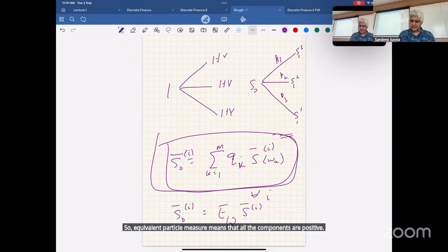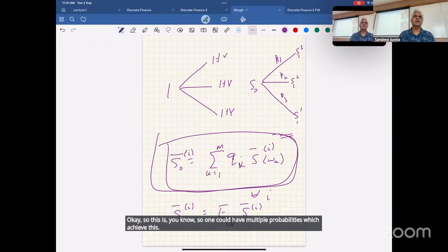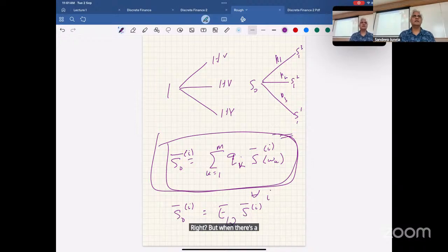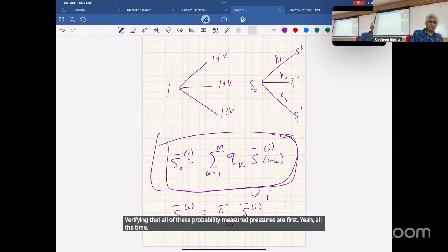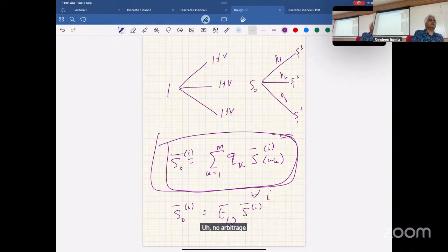So one could have multiple probabilities which achieve this, right? But when there's a unique one, that's when we say the EMM is unique. By saying we have no arbitrage, we are implying that all of these probability measures are strictly positive. What we showed was that no arbitrage implies strictly positive state prices exist, and hence these probabilities exist.